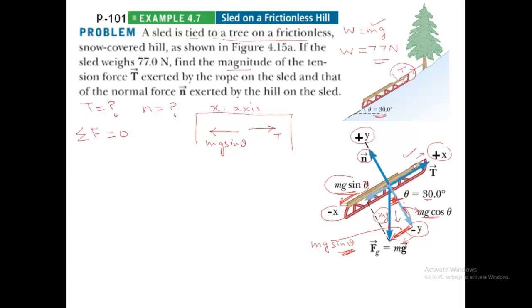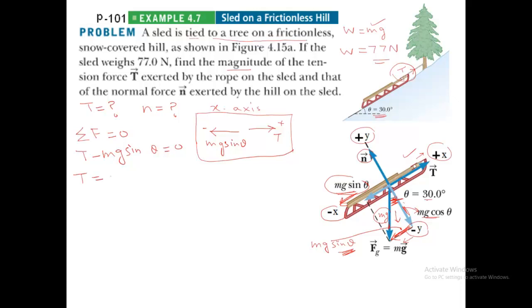Any other force along x positive or x negative? No. Let me close this box. This box is just for your better understanding. Now the positive force I take positive and this is negative. So T minus mg sine theta is equal to 0. Now I take this to the other side, it will become positive.